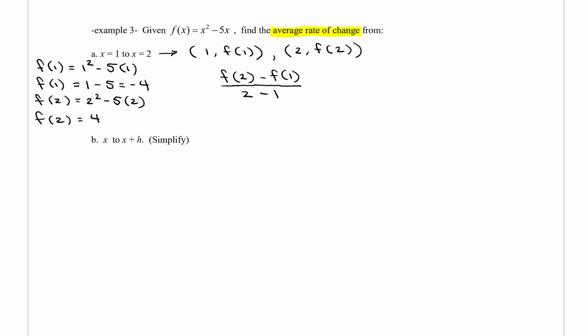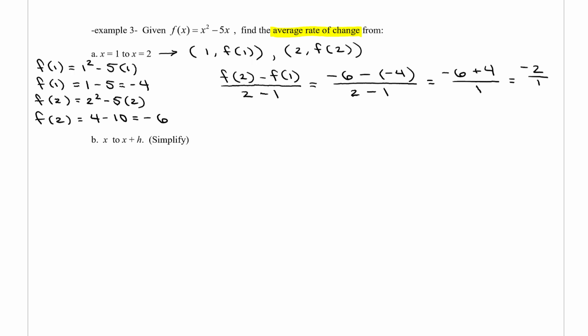I can now substitute these values for f of 2 and f of 1. So f of 2 minus f of 1 over 2 minus 1 is equal to negative 6 minus a negative 4 over 2 minus 1. This is going to be equal to negative 6 plus 4 over 1, which is equal to negative 2 divided by 1, which is just going to be equal to negative 2.